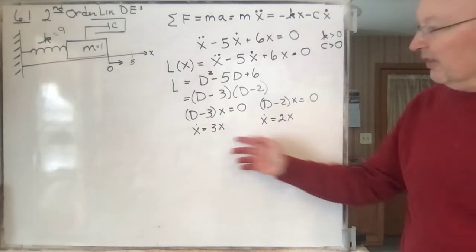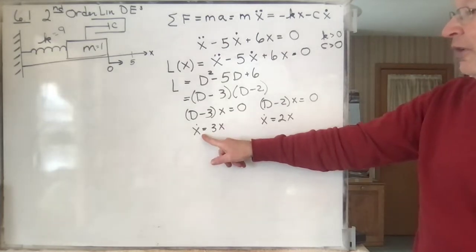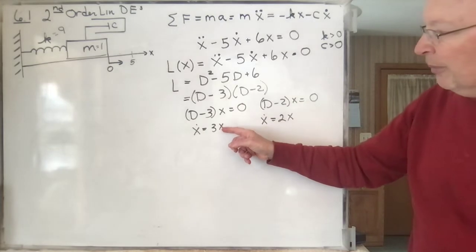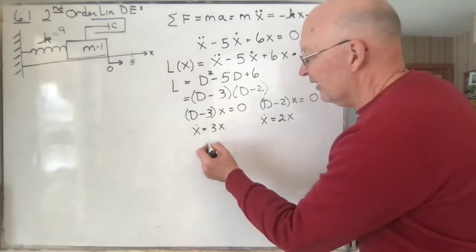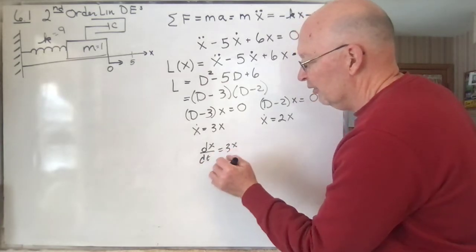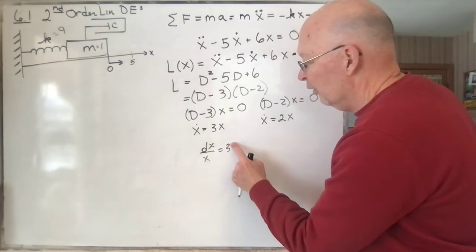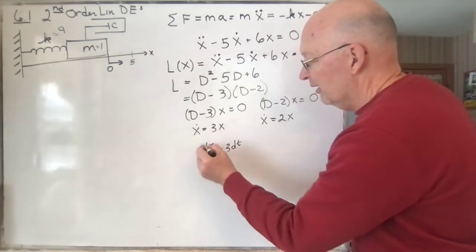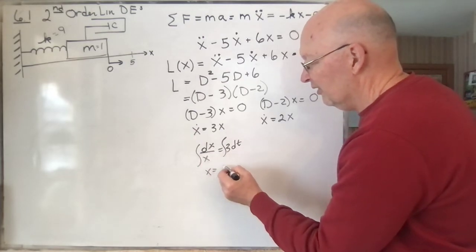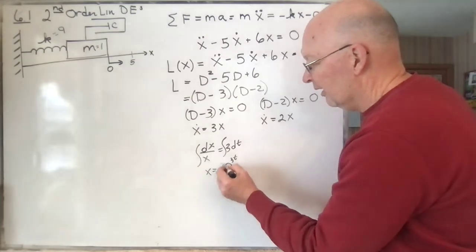Well, now we're back to our old friends again. This is just a first order linear differential equation, one that hopefully you know how to do, right? We could do this one by separation. This is dx/dt equal to 3x. So you bring the x down, and you bring the dt over here, and you integrate both sides, and by the time you're done, you're going to get x is equal to e to the 3t with a constant out front.